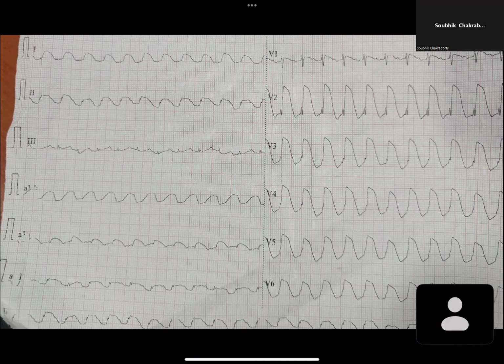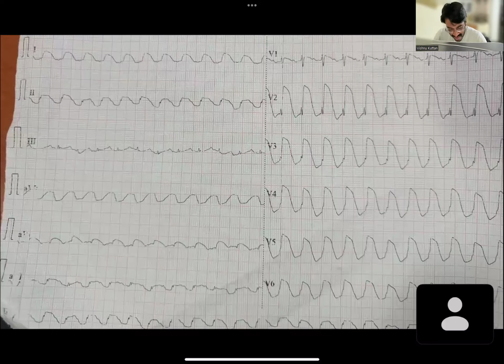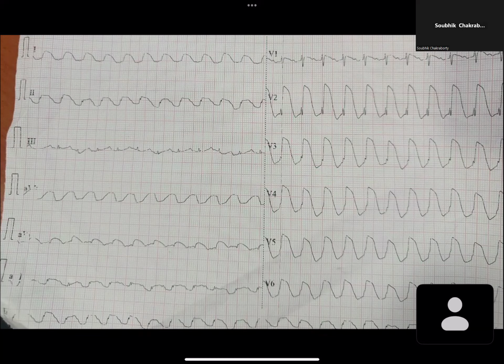Yes, sir. It can be VT. Anything else? But the only finding going against this is there are some leads which show normal changes. So some problem with the ECG maybe.